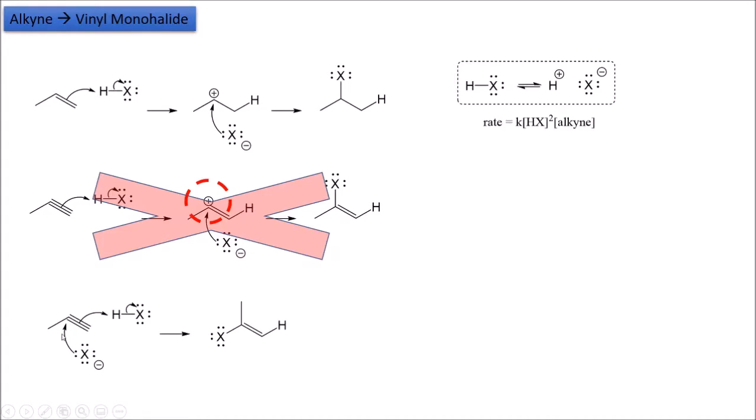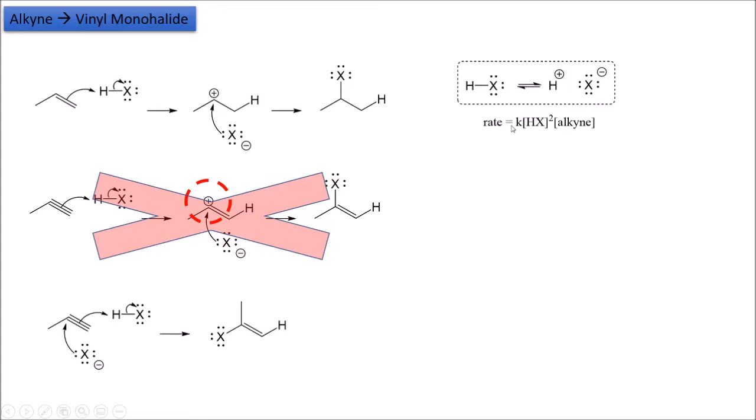Occasionally I've seen mechanisms where they show this as an HX, with the hydrogen being plucked off at the same time that the halide ion comes in to stick to that carbon. That's not entirely incorrect, but I prefer this mechanistic view a little better. This is an inorganic step, so you can just assume that this happens.